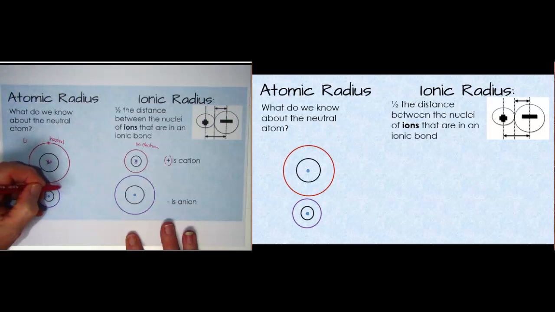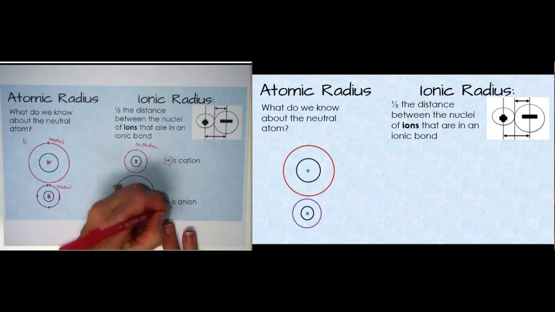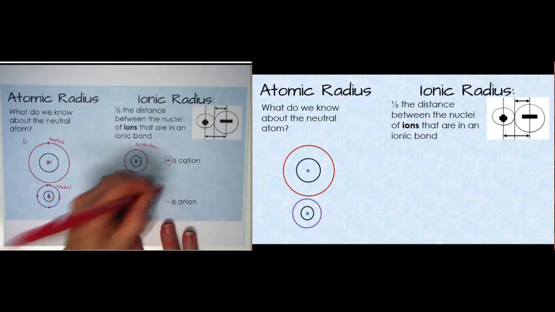In the other case, your neutral atom here, let's say it's oxygen. Oxygen has 8 protons and 1, 2, 3, 4, 5, 6 valence electrons. It's in group 16. When you add, and we're going to do 2, we're going to make this oxygen 2 minus.